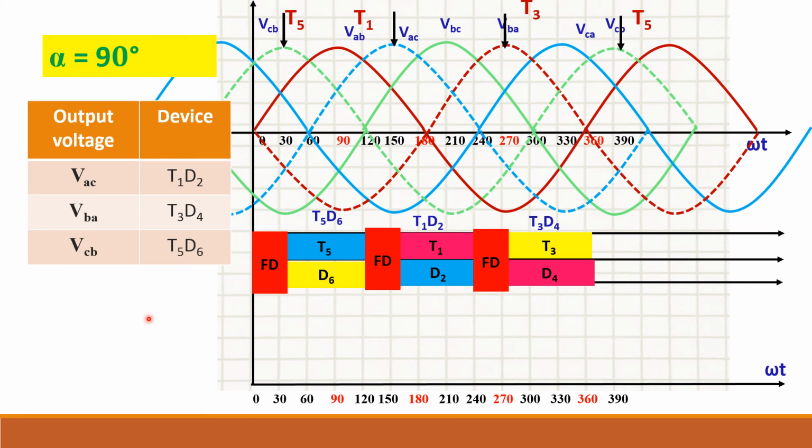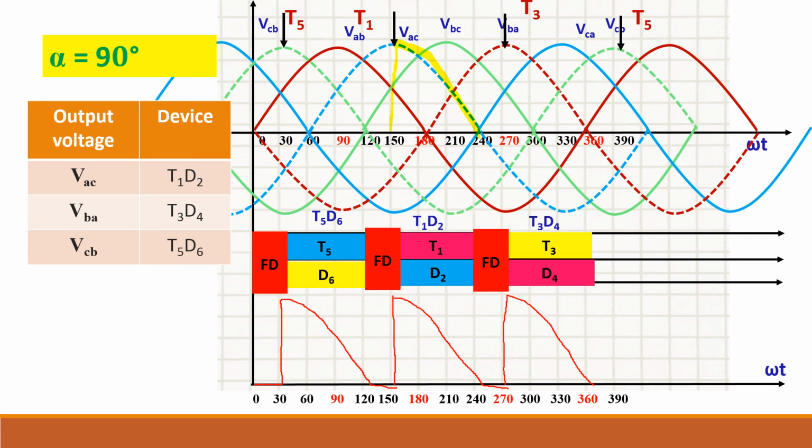Now let us draw the waveform. So here also you have only three conduction periods. I have written only those three. Now we will draw the waveform. T1 D2 means output should be VAC. So follow VAC till this point.